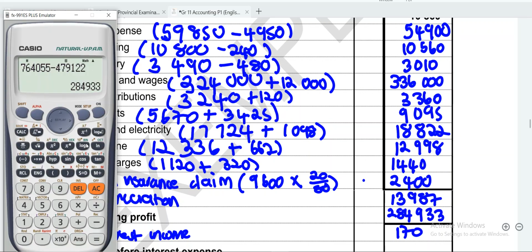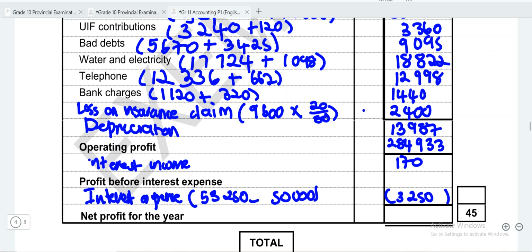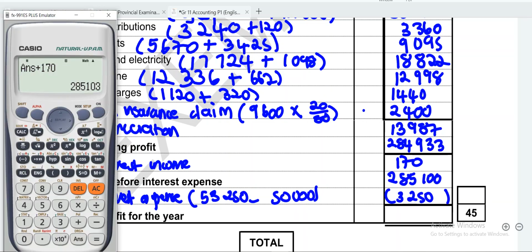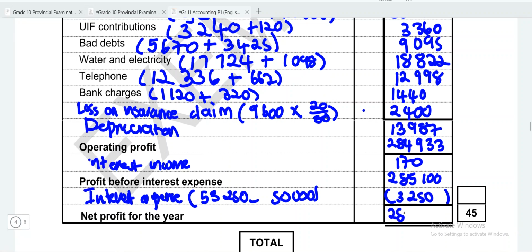Then if we say this plus 170, it is going to give us 285,103. And then we take this profit before interest expense, then we say minus 3,250. It is giving us 281,853. So we have 281,853 as our operating profit.